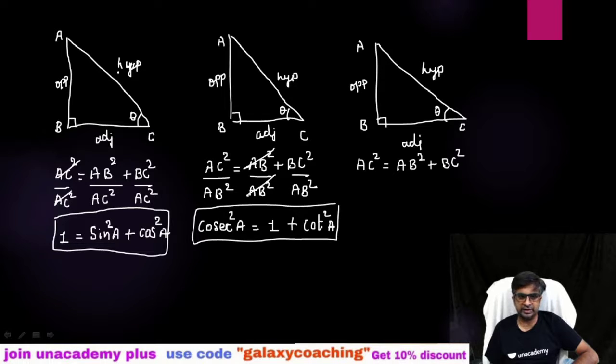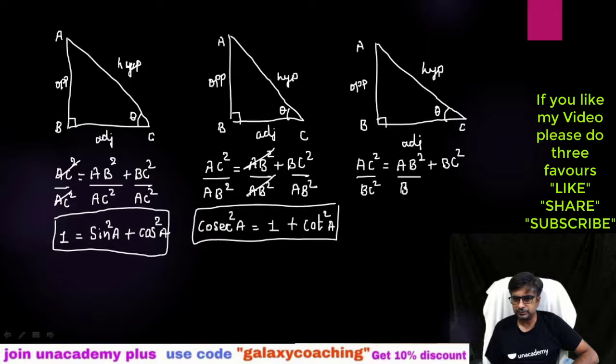Now here we divided with the hypotenuse, here with the opposite side. Now we are going to divide with the adjacent side. Divide this whole equation with the adjacent side, that is BC square. So here AC square, hypotenuse upon adjacent, that is reciprocal of cos.